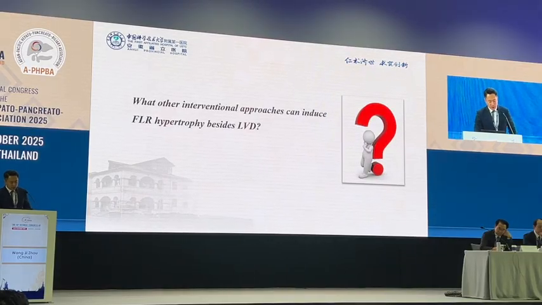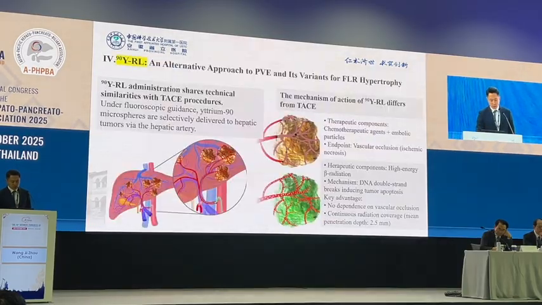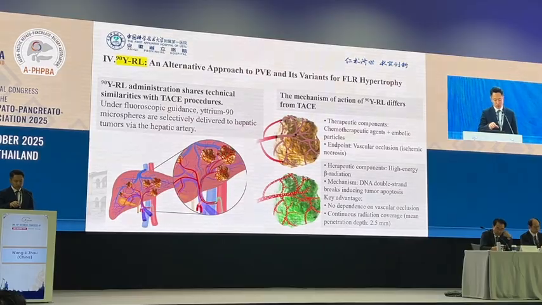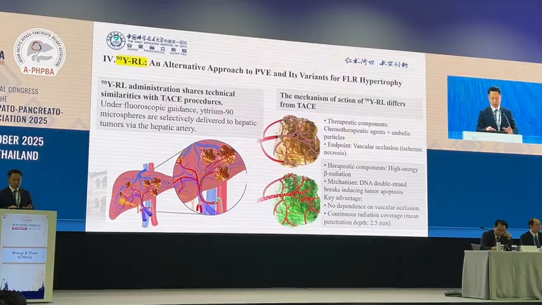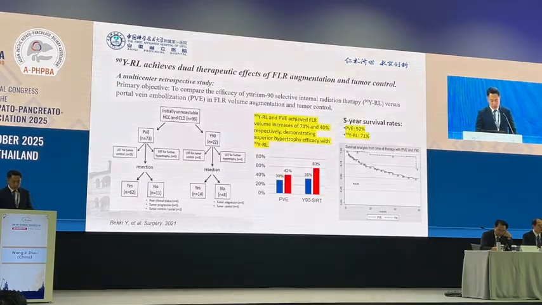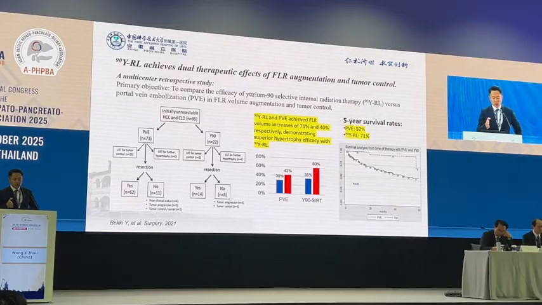So if there are any other interventional techniques that can increase the FLR hypertrophy besides LVD, what about the Y90? The Y90 administration shares technical similarity with TACE procedures, but the mechanism of action of Y90 differs from TACE. Some scholars believe that Y90 can achieve the dual therapeutic effect of FLR increase and tumor control.